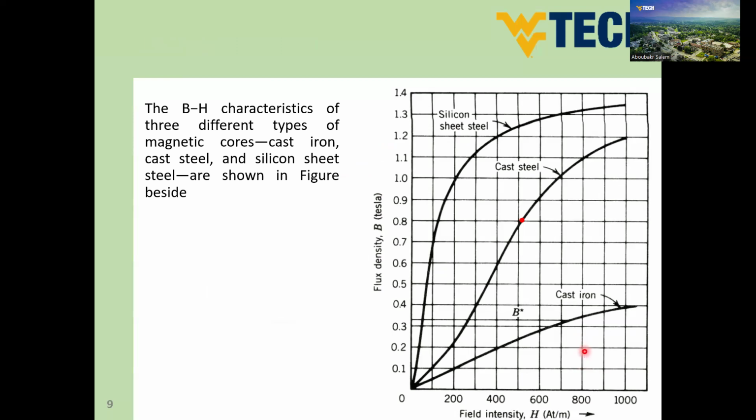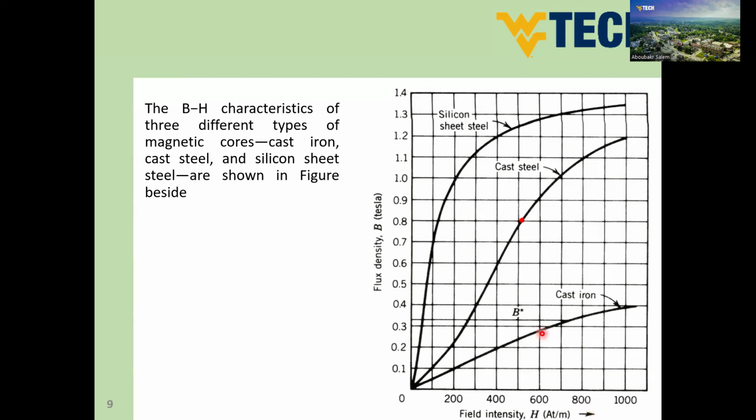Now, for any device, we have some curves or characteristics. For the magnetic material, the main characteristic is called the magnetization curve or the BH curve. What is the BH curve? It's nothing but the relation between the flux density, B, measured in Tesla, and the magnetic field intensity, H, measured in ampere turn per meter.